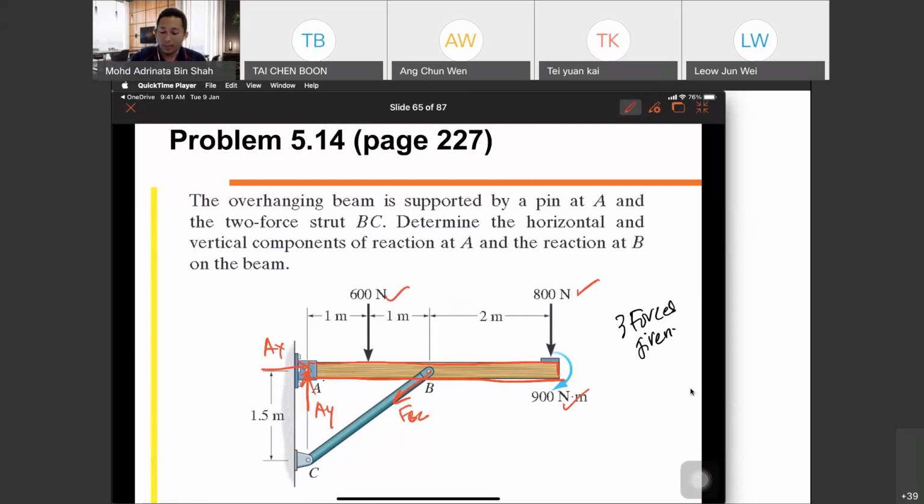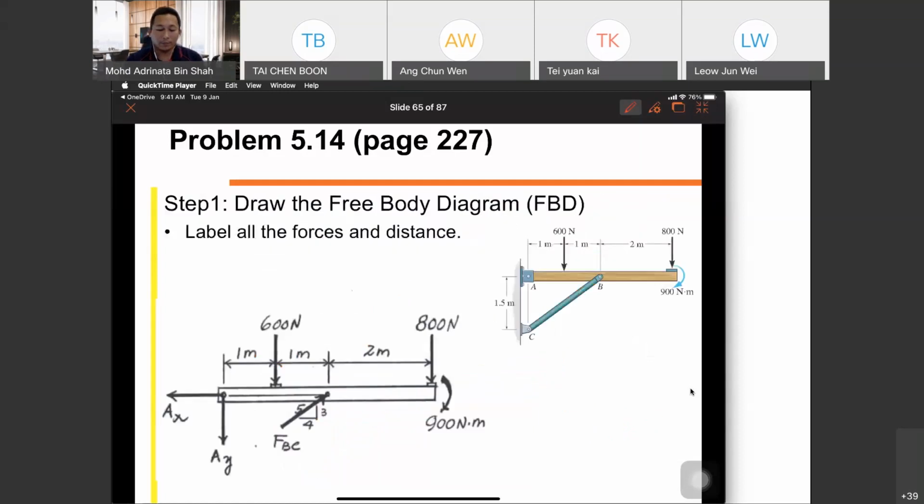This is the red one. FBD is the red one. So you have 600, 800, and 900. I draw the free body diagram and label all the forces. So you draw your free body diagram and you draw your FBC.